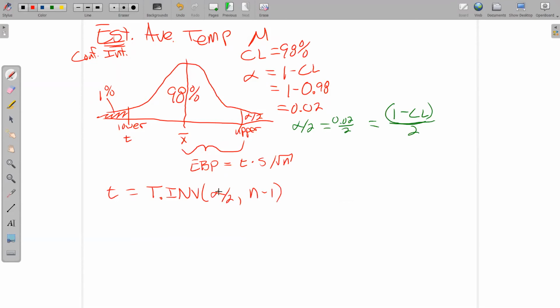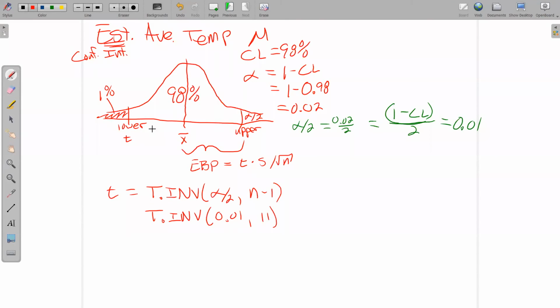In this case, I entered the calculation from that 0.02 here. Oh no, oops, I didn't write it down. That one, alpha over 2, and then an 11.